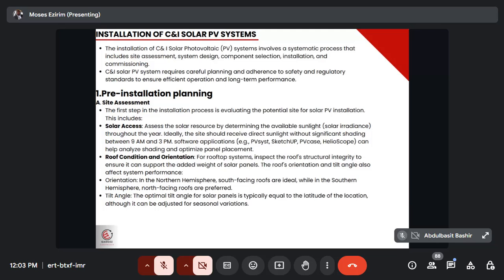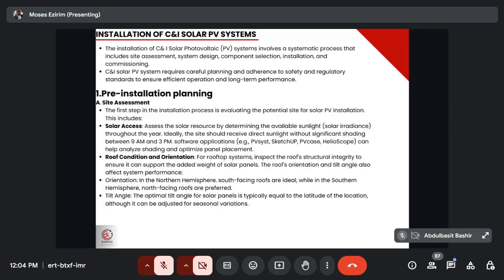Now, assess the solar resource by determining the availability of sunlight, that's the solar irradiation throughout the year. Ideally, the site should receive direct sunlight without significant shading between 9 a.m. to 3 p.m. Software like PVsyst, SketchUp, PVcase can do this function.